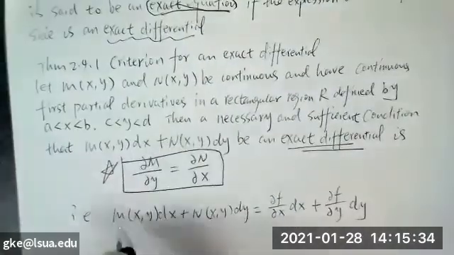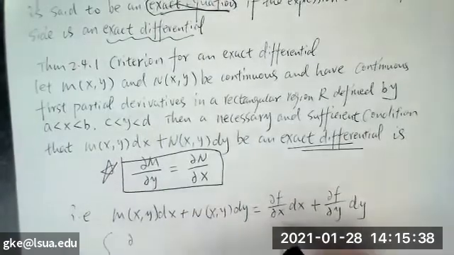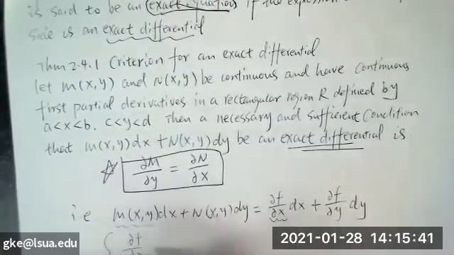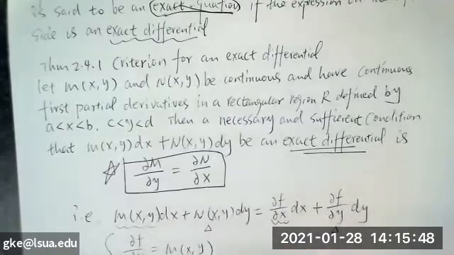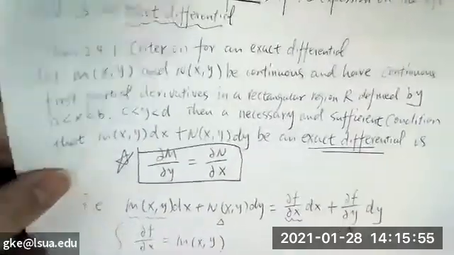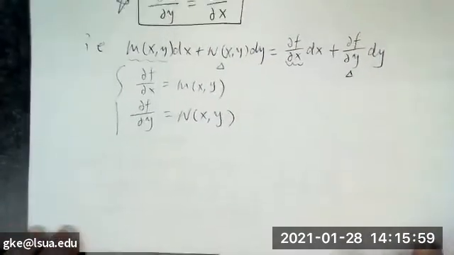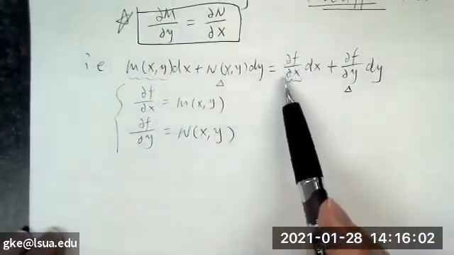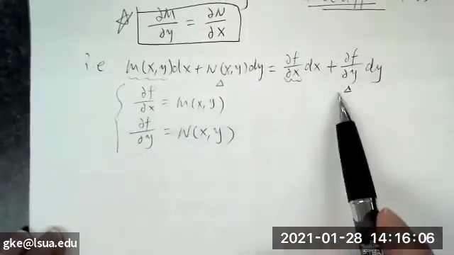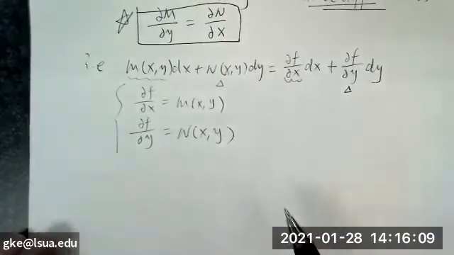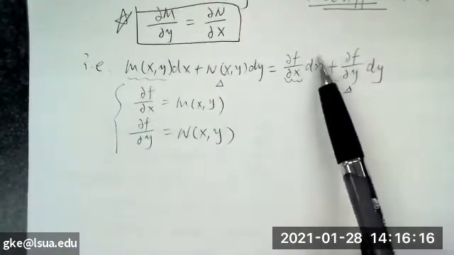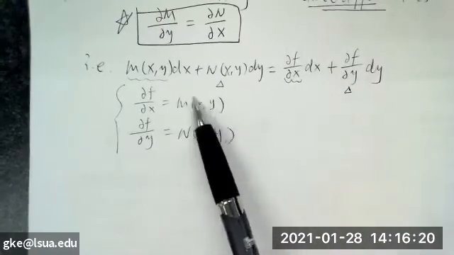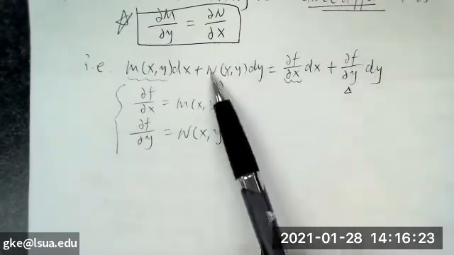Of course you can tell this partial f over partial x equals M(x,y), partial f over partial y equals N(x,y).